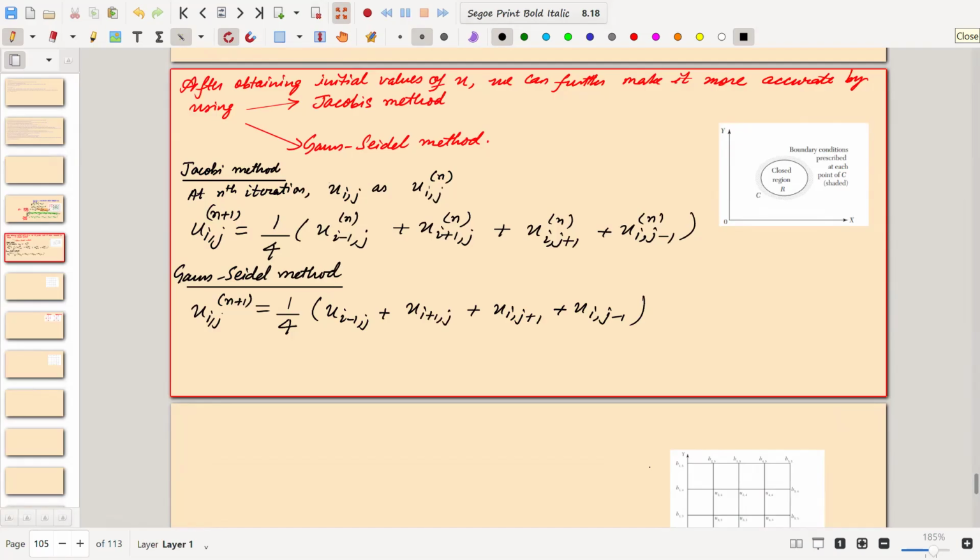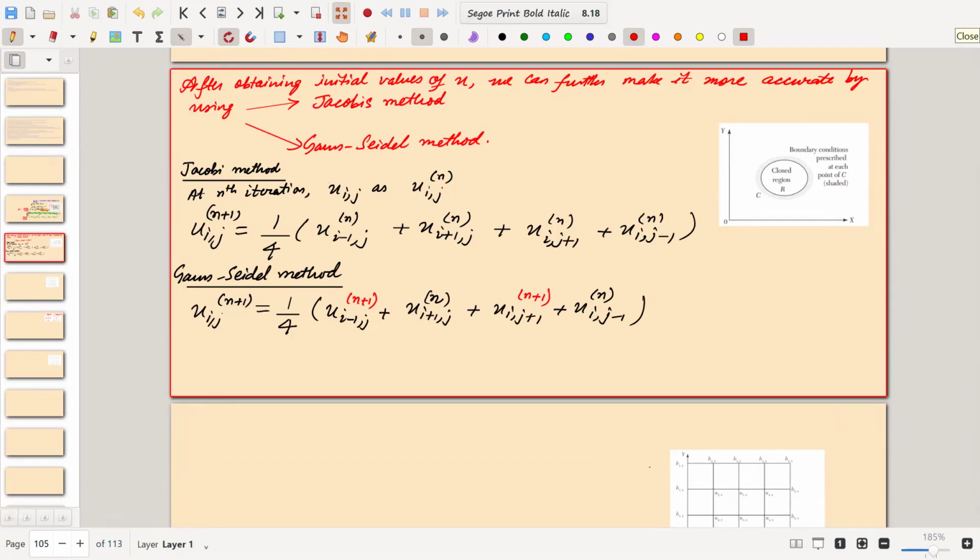What is the change? Can anyone tell me? This one depends on the past, n, no issue, and this also depends on the past, but the catch is that the other two values, the left one and the top one, u_i(j+1), depend on the latest iterate, n plus 1. You got the idea?